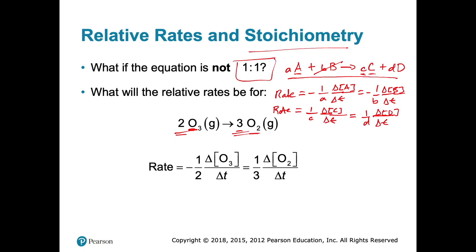So now we have all we need to write out the rate equation, because 2 is little a, right there, and ozone is big A, the concentration of big A.